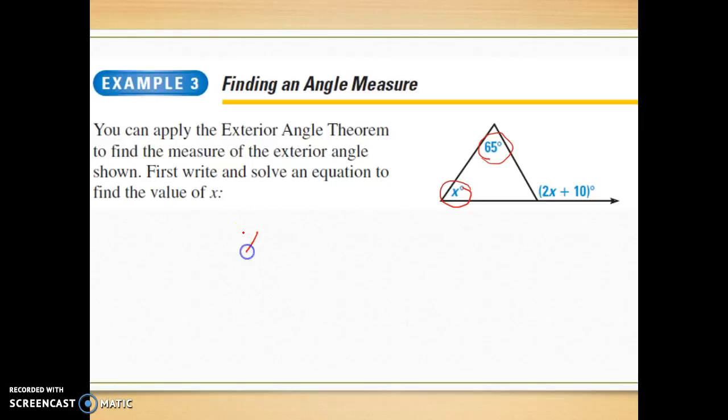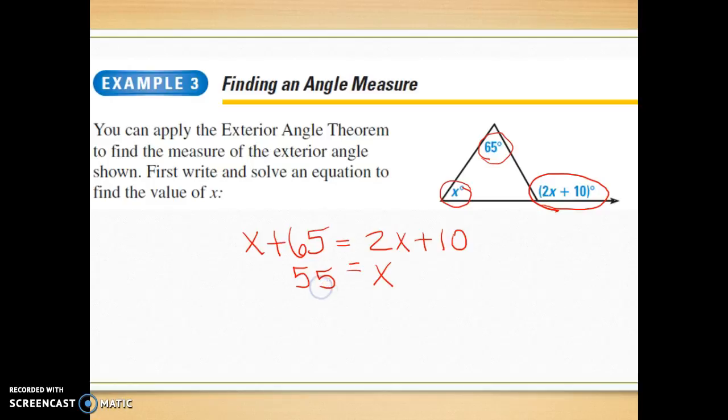So x plus 65, and I can set that equal to this one, 2x plus 10. When I solve this, I get x equals 55.